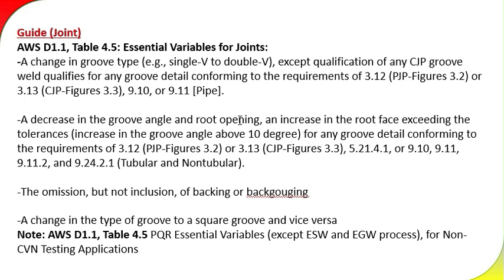If the groove angle or root opening, or root face, is increased or decreased exceeding the tolerance for any groove detailing conforming to requirement 3.12 or 3.13, then you need to make a new WPS and PQR. So AWS D1.1 Table 4.5 is the PQR essential variable for non-CVN testing applications.